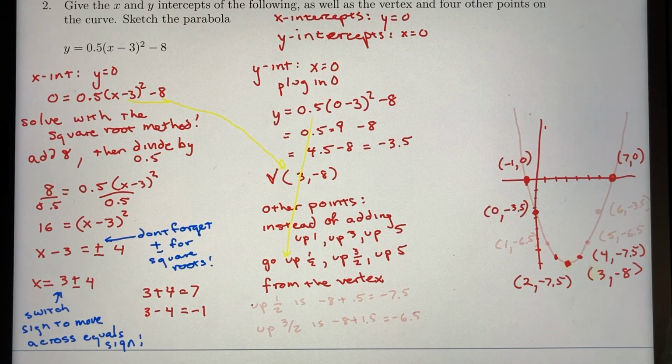So let me write that down. Is up to -6.5. So 1 further to the left so we backed up 3, 2, 1, and we're at -6.5 on either side there.